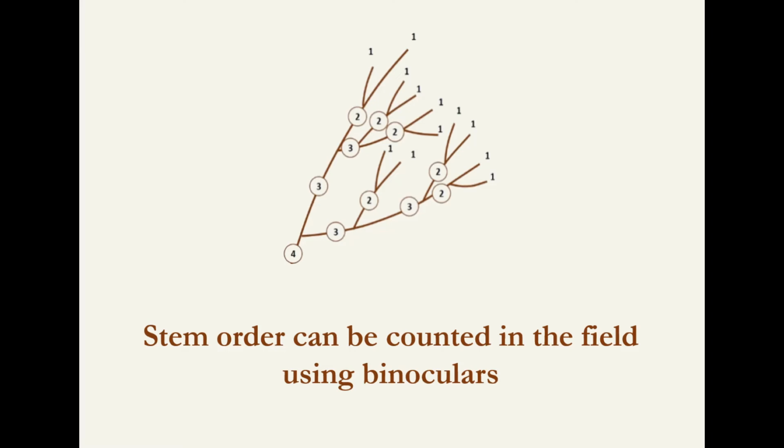A second order branch is made up of two first order branches joining together. A third order is two second order branches joining together, and so on. If you join a second order branch to a third order branch, it stays as a third order branch. You just need two branches of the same order to go up another order.